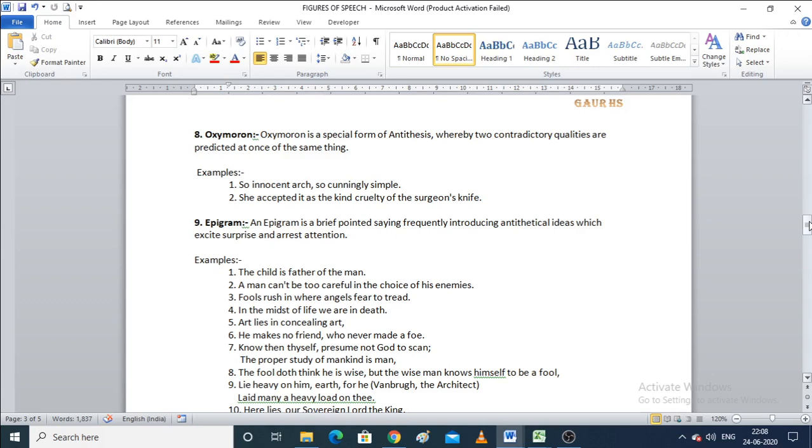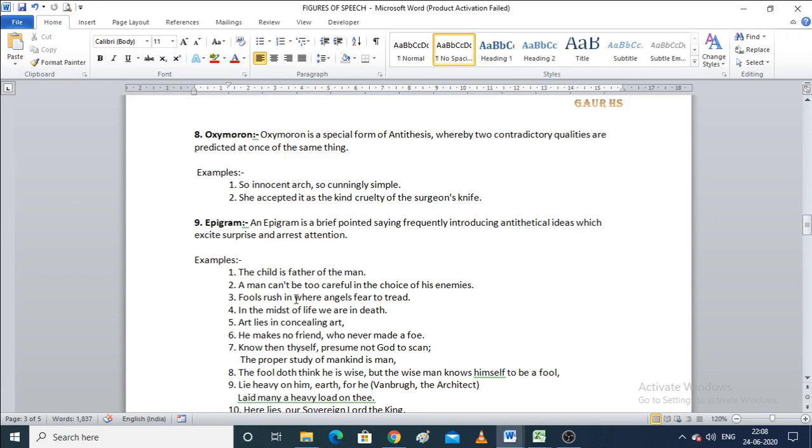So the poet uses the phrase that the child is father of the man, which is exaggerating a thing to grab the attention of the reader, to put more emphasis on that particular phrase. So epigram is used to grab the attention of the reader.